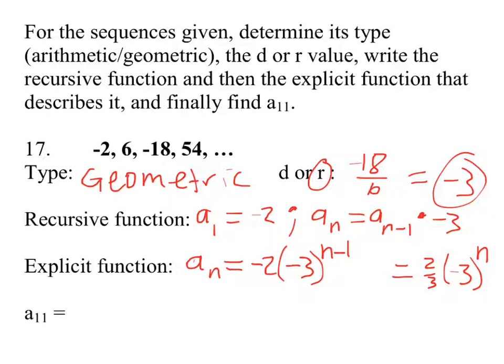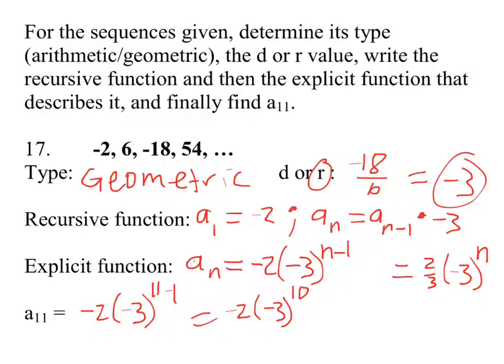On a sub 11, you need to get the 11th term of the sequence, which means you're going to take 11 and you're going to plug it in right there. So we do -2 times -3 to the 11 minus 1 power. You'll get -2 times -3 to the 10th power, and this is where calculators come in handy.